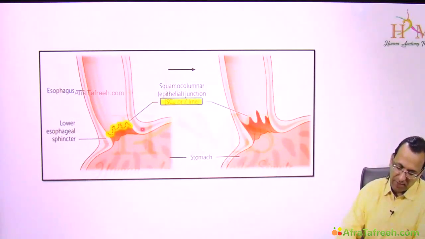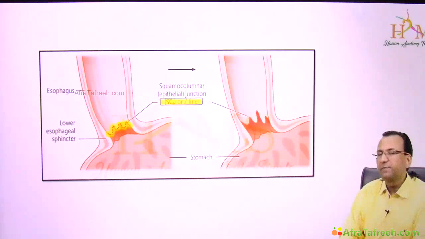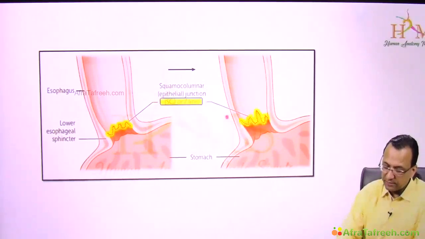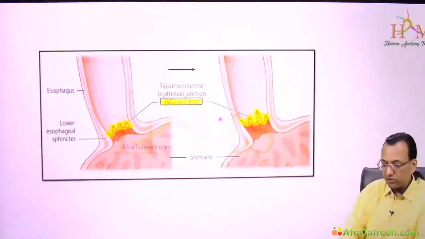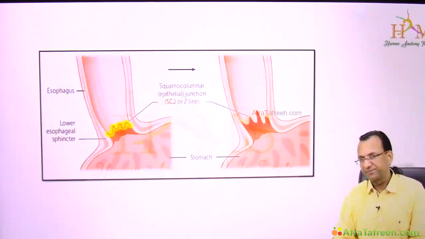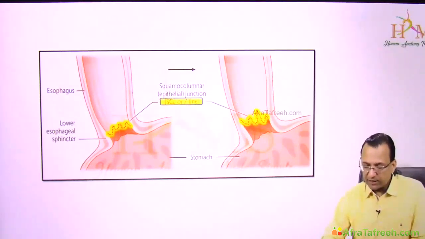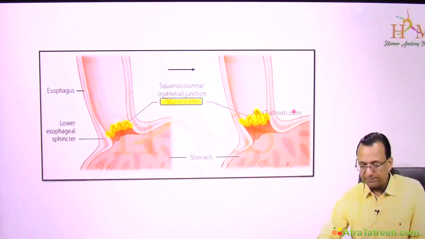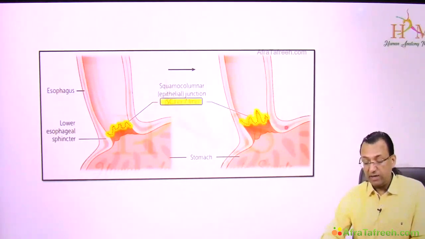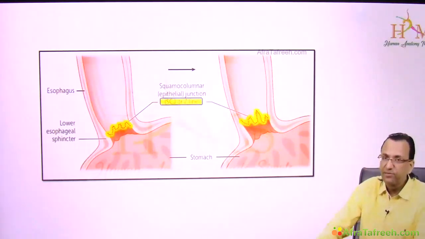But in this patient it became 5 centimeter above the gastroesophageal junction, meaning it is going more proximal, and when it goes more proximal there is a danger that this area will develop cancer. You should make sure that this line should not ascend up. It will be dangerous for the patient.